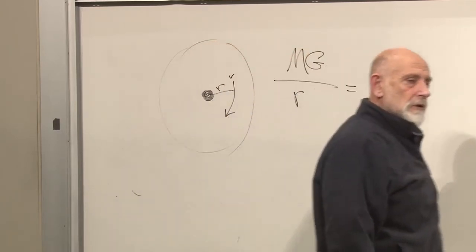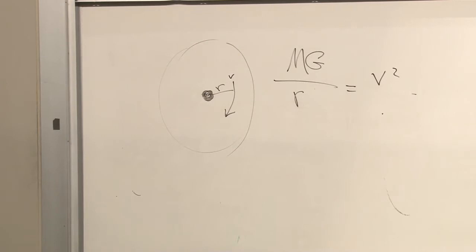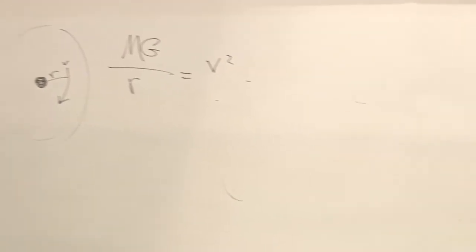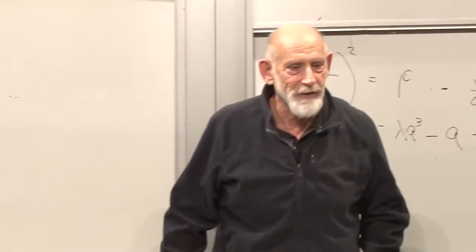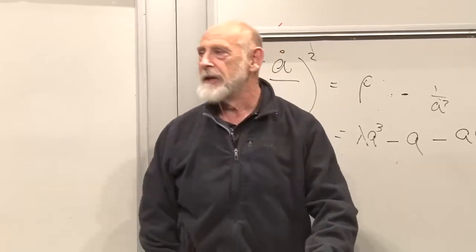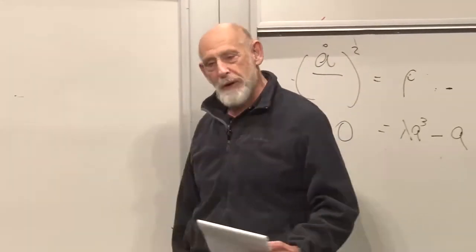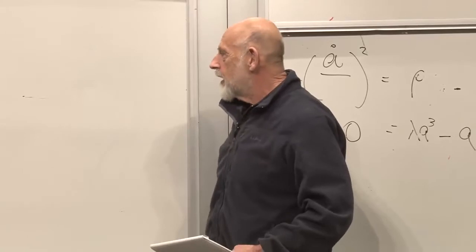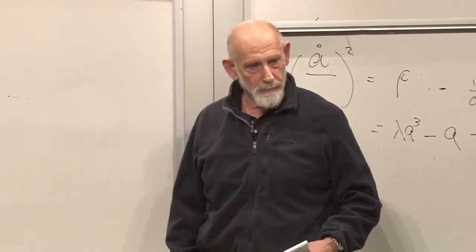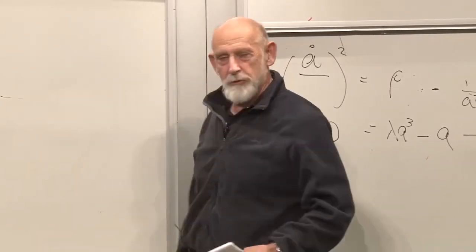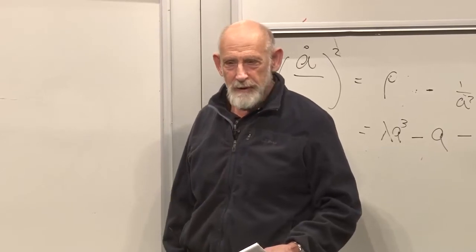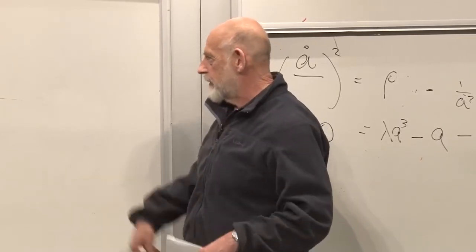This is somebody's law. Do you know whose law this is? This is Kepler's law. This is Kepler's planetary law. It's usually expressed in terms of the period rather than the velocity, but this is essentially Kepler's planetary law. One of the laws. Which one is it? The second law? Whatever it is.